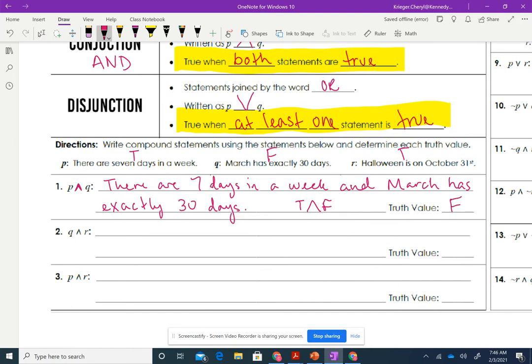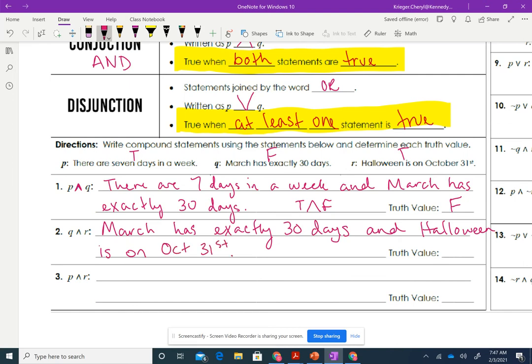How about Q and R? So Q is March has exactly 30 days, and R is Halloween is on October 31st. So that is false and true. Because it's a conjunction, both statements have to be true, so this one is false. How about P and R?